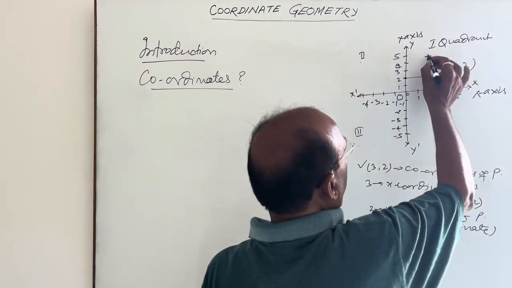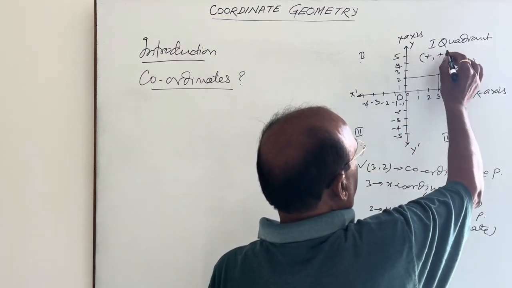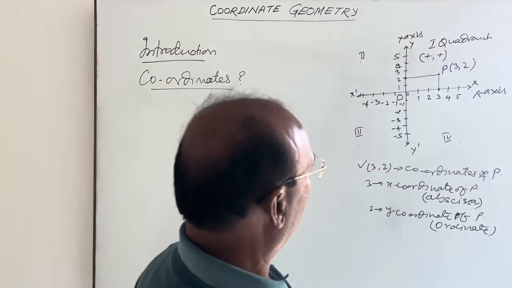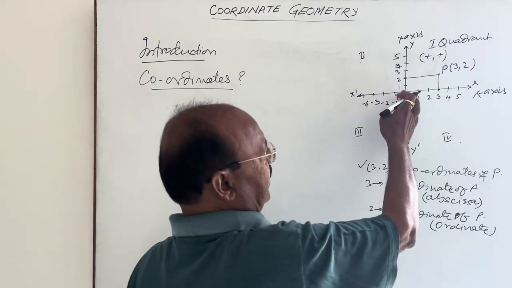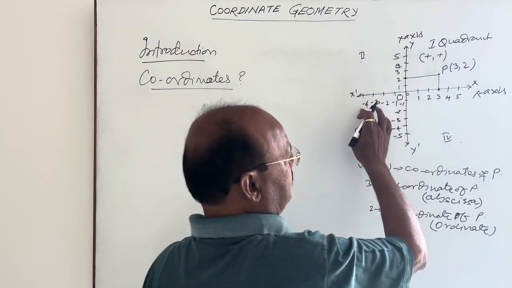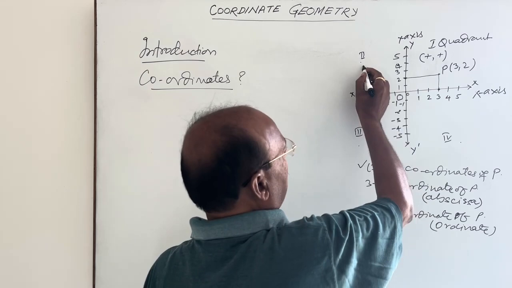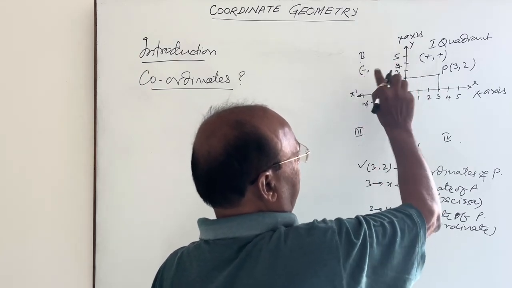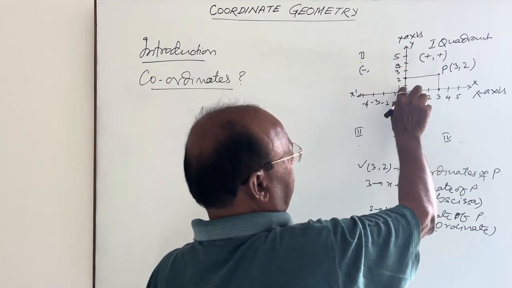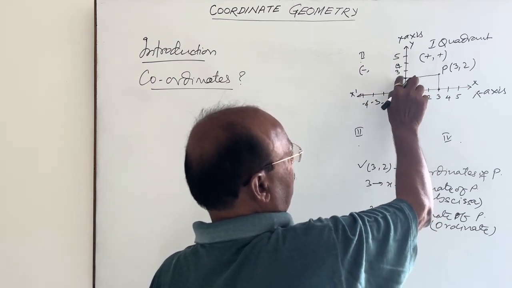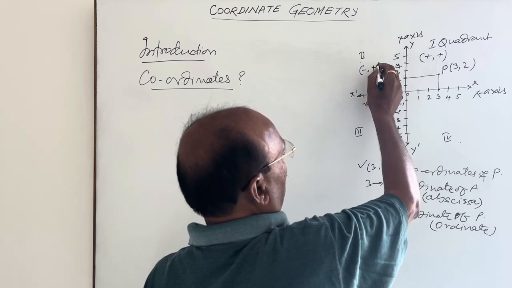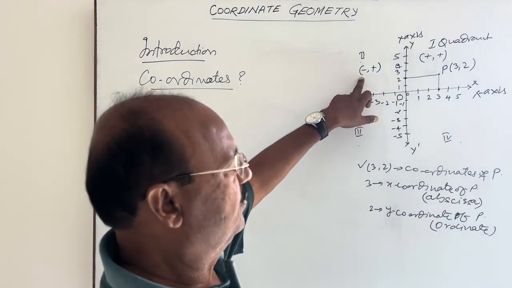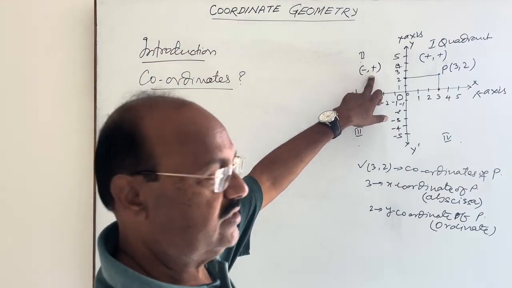In the first quadrant, both the coordinates x and y of any point will be positive. In the second quadrant, x will be negative, -1, -2, -3, -4 are here. So x will be negative and y will be positive along this side in the second quadrant. All these numbers are positive, +1, +2, +3. So coordinates are minus, plus. First coordinate is minus, second coordinate is plus.